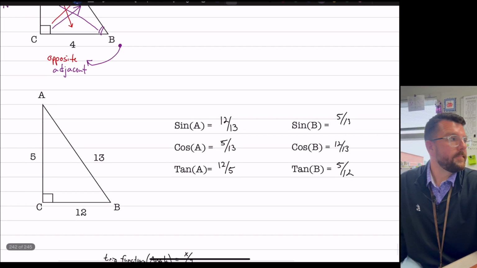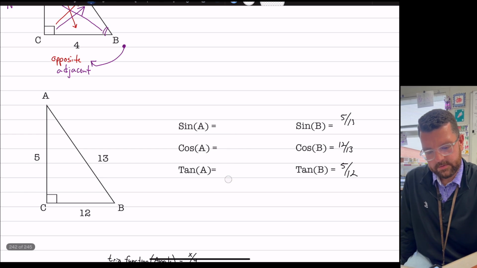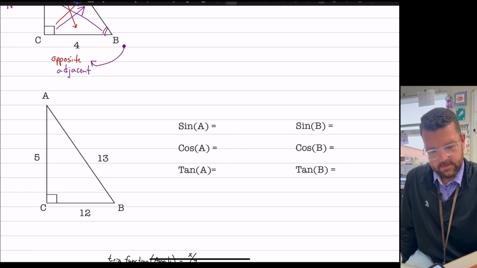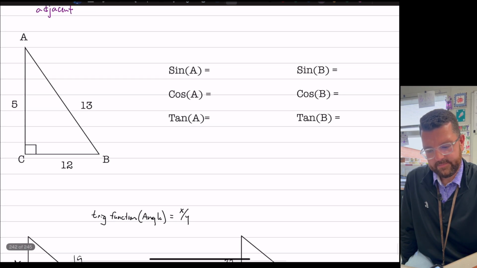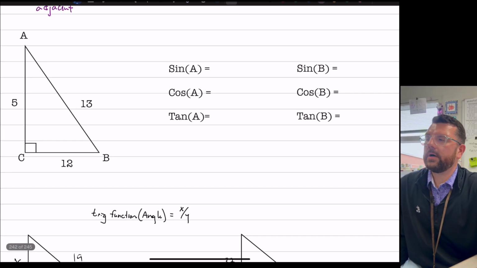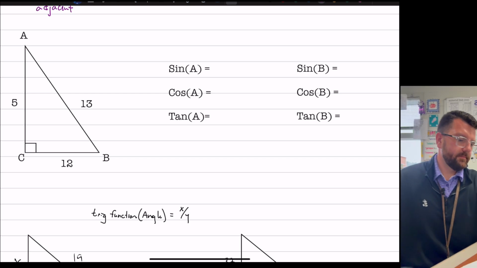Everyone have that? Okay. I want you to solve this next set yourself. So draw it in your notes and solve it yourself there.